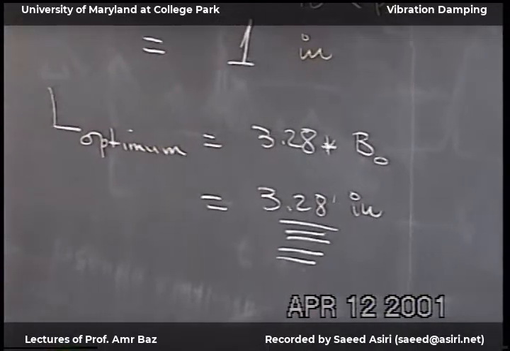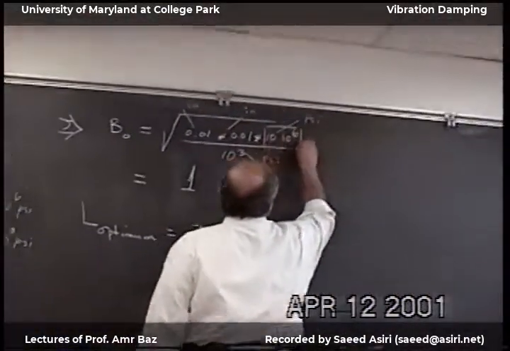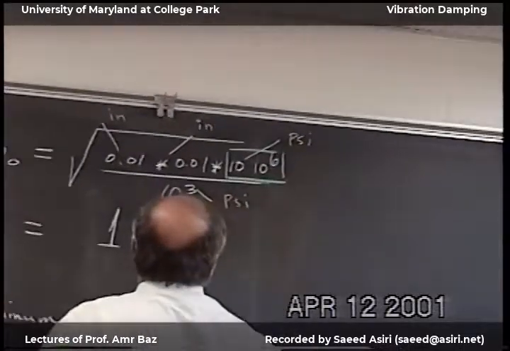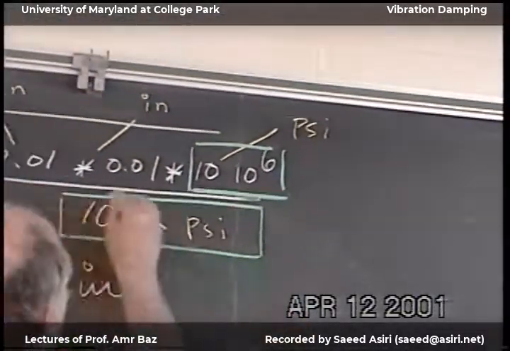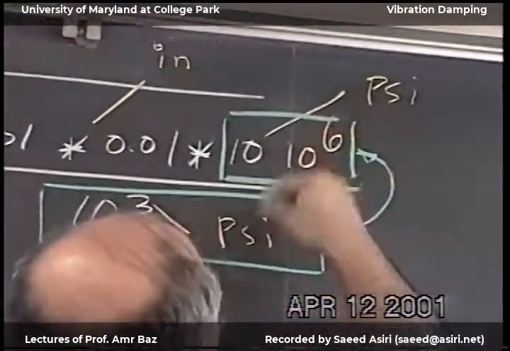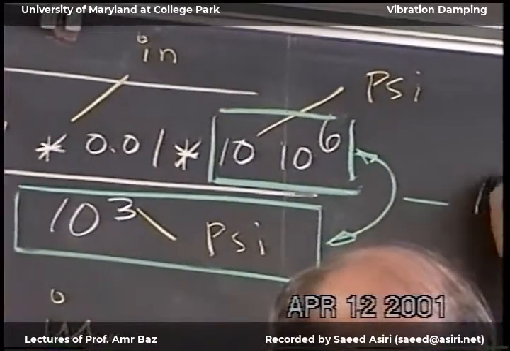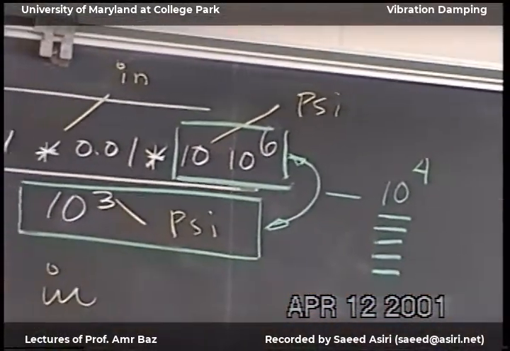Okay. The important thing here is this number over this number. This ratio is almost 10 to the 4th.